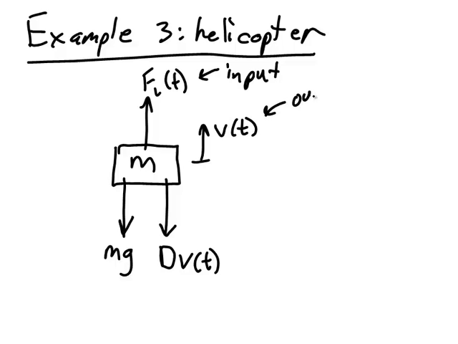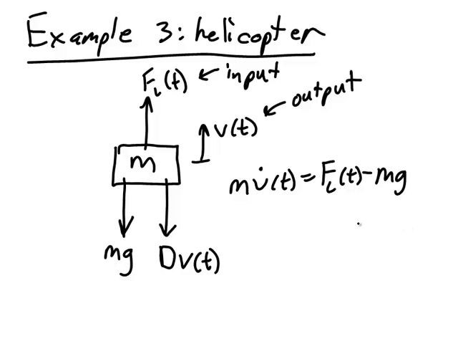We started by summing the forces. The mass times the acceleration is equal to the vertical forces pulling up minus the sum of the forces pulling down. In the problem set, we left it here.